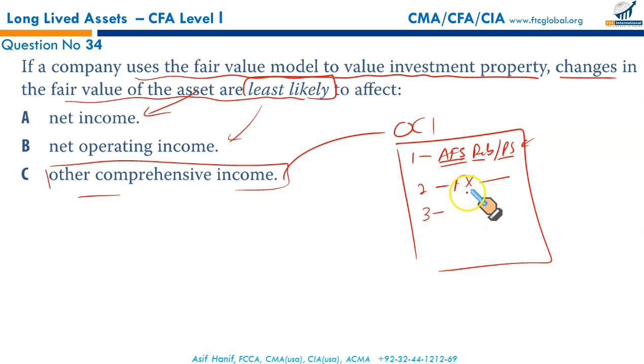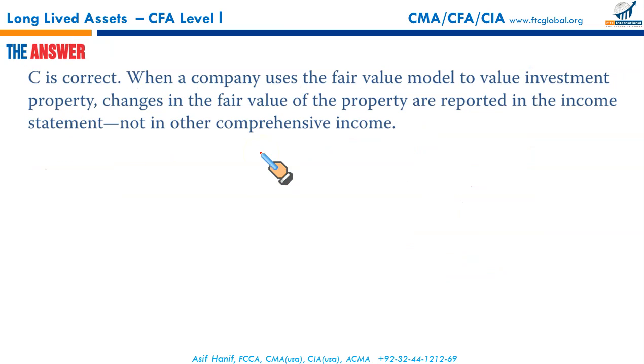Third, defined pension benefit plan, any gain and loss on the pension plan. And fourth, gain or loss on the effective portion of cash flow hedge, not a fair value hedge. So these are the 4 specific transactions reported in OCI. This is not the one reported there. So that is least likely. C is least likely.